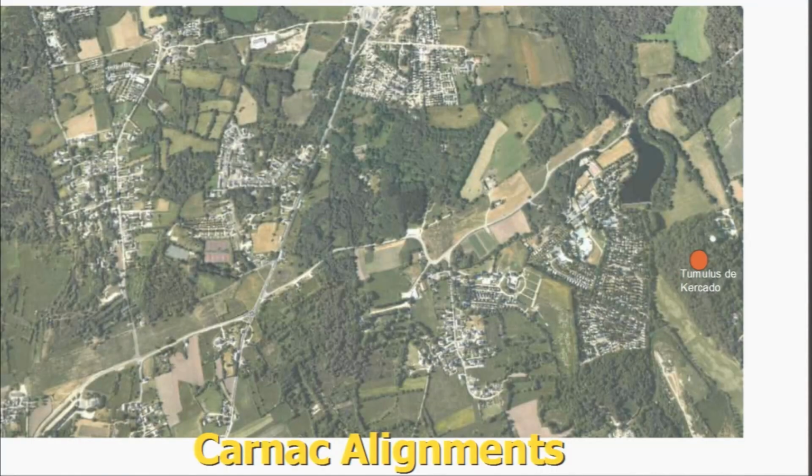So let's have a look at that on a bigger scale. Here's the angle coming from the Menec West, from the Menec West to the Kermario dolmen. And then from that line, that's the line going from the Kermario dolmen along the most southern line up to the big stone here. I've sent it a bit further because there are actually stones in the woods here.